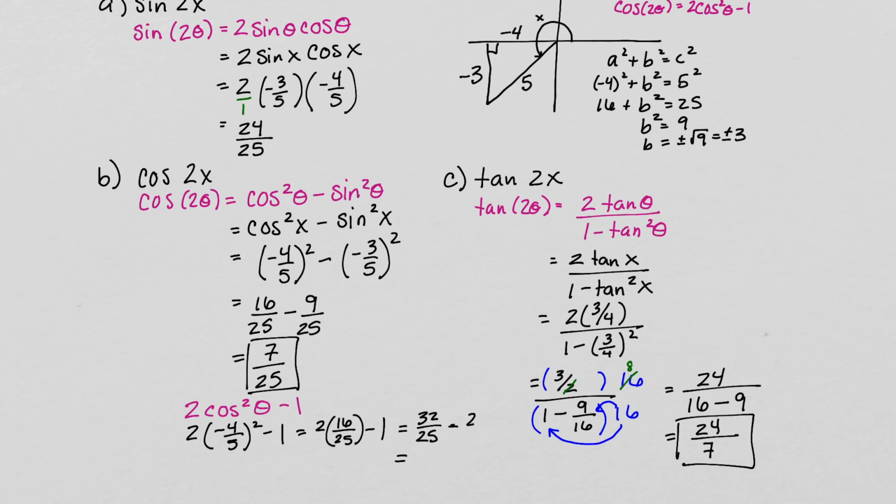So 1 is the same as 25 over 25. And then if you do 32 minus 25, you would get 7 over 25. So no matter which one you do, you end up with that 7 over 25. Does that make sense? No problem. Other questions?